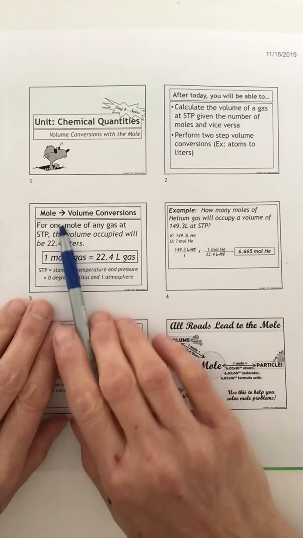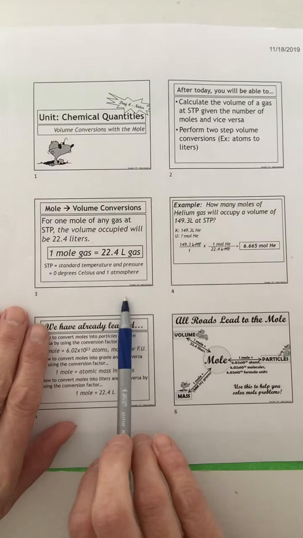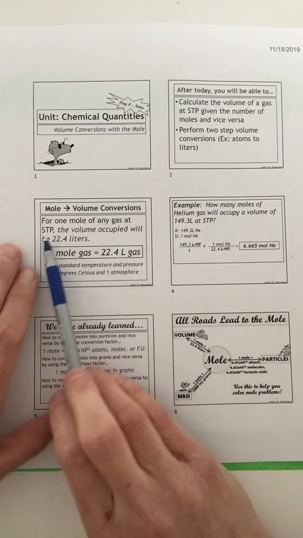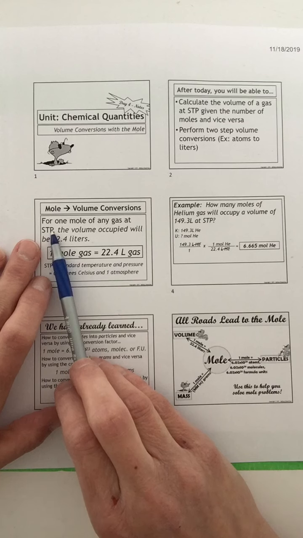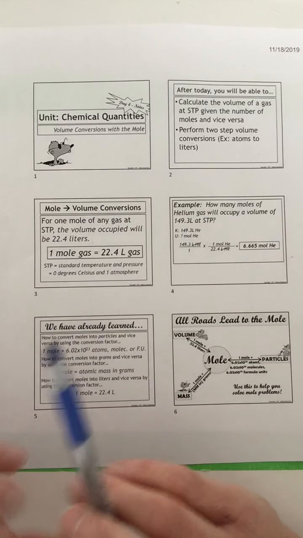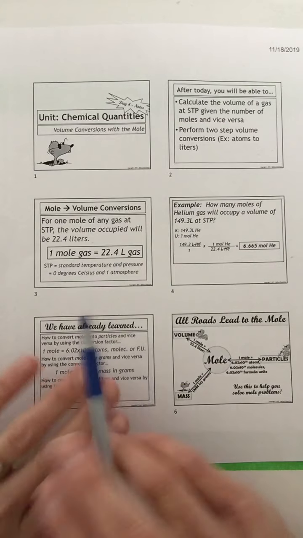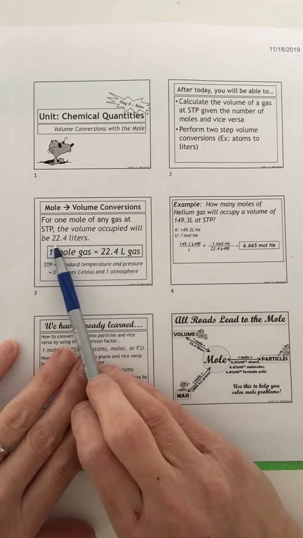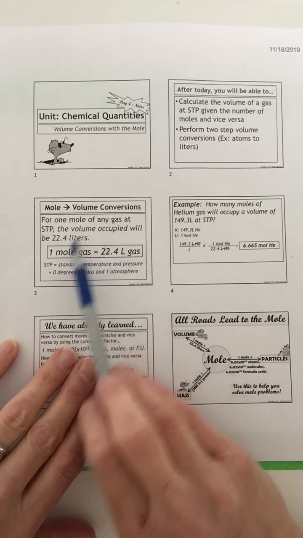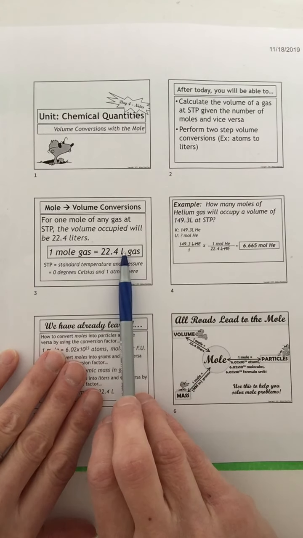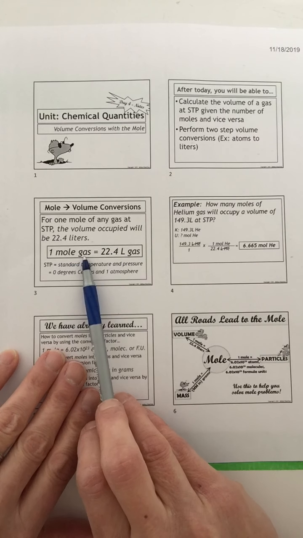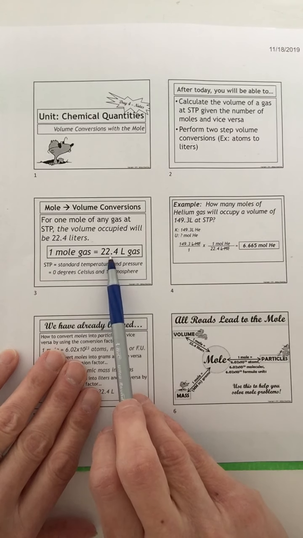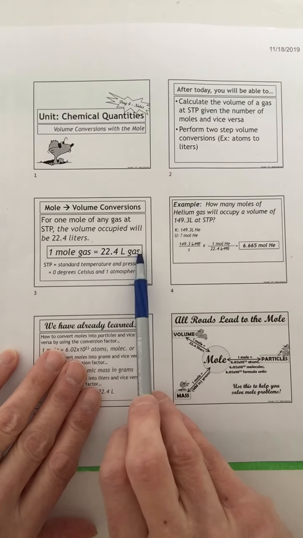Here's a new bunk bed, or a new conversion factor. For 1 mole of any gas at STP, standard temperature pressure, the volume occupied by that gas is 22.4 liters. So this is a conversion factor for all gas. 1 mole of any gas, oxygen, nitrogen, hydrogen, doesn't matter, is equal to 22.4 liters of that gas.